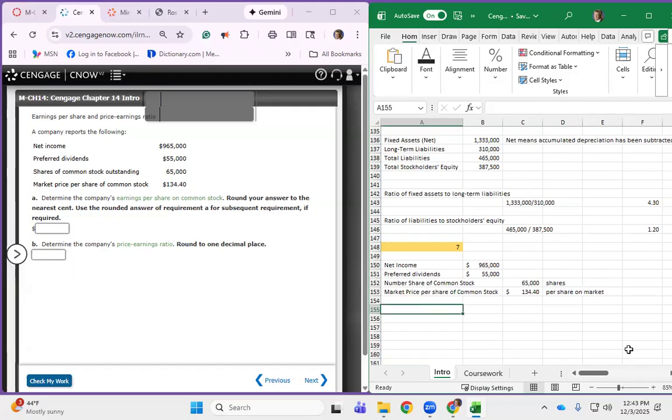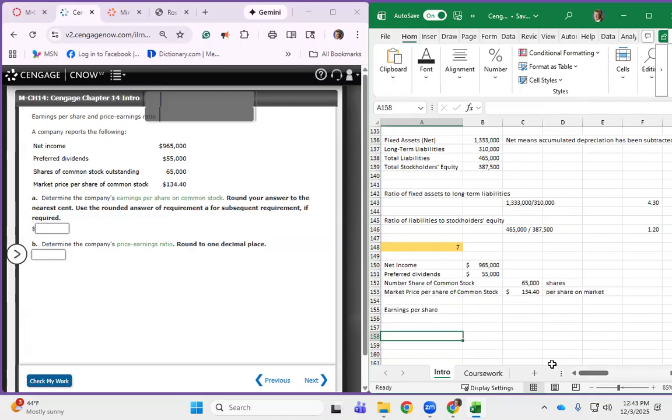Okay, so now we're going to do earnings per share, also known as EPS. We'll look at the formula in a minute, and that's going to be a dollar amount.